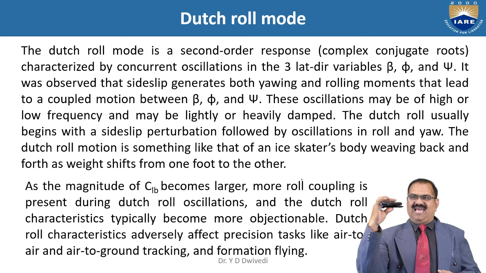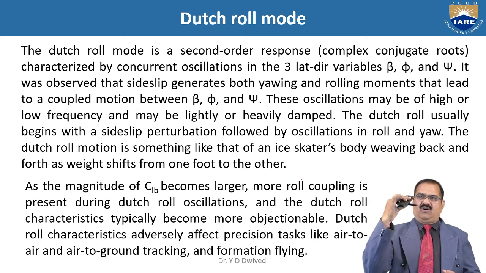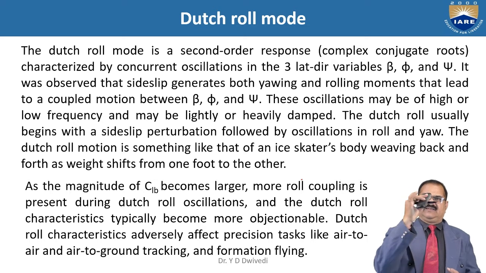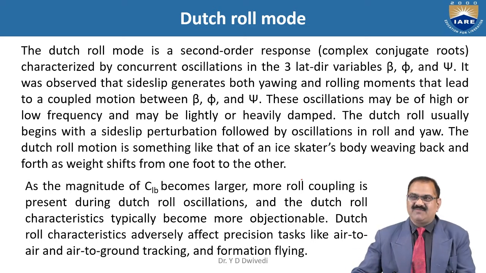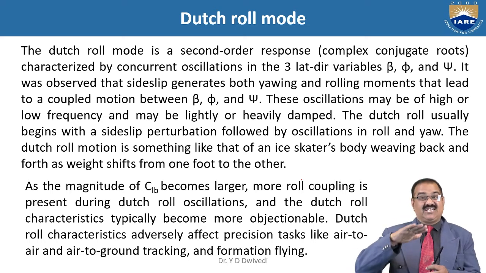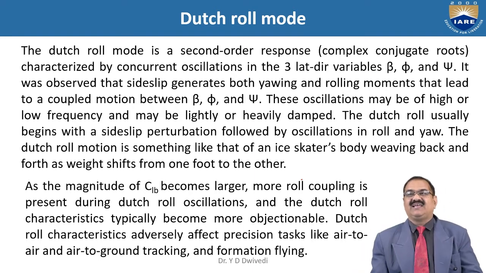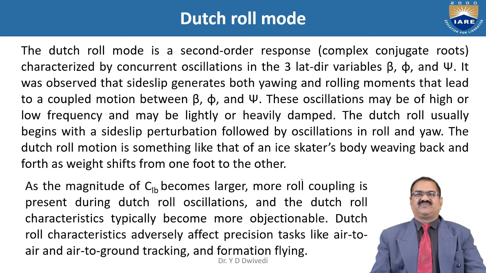So at a time, oscillation in yaw and oscillation in roll, both things are combined in Dutch roll. The Dutch roll motion is sometimes like that of an ice skater's body weaving back and forth as weight shifts from one foot to the other foot.